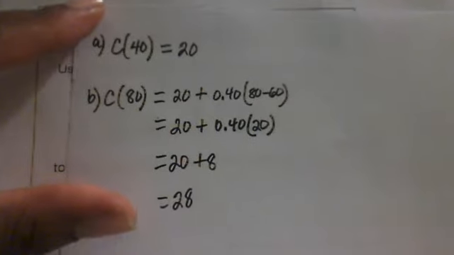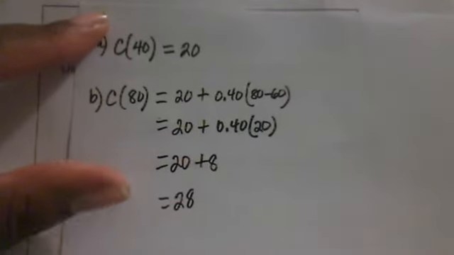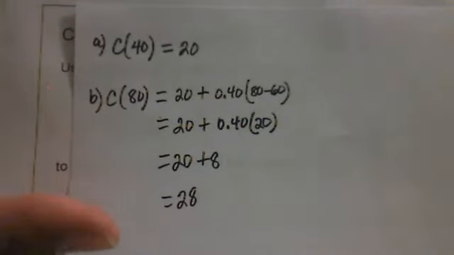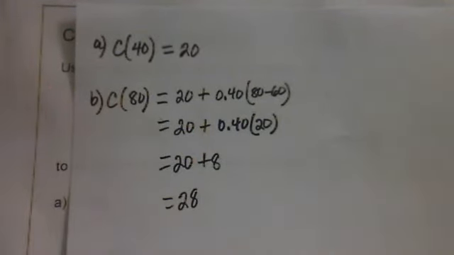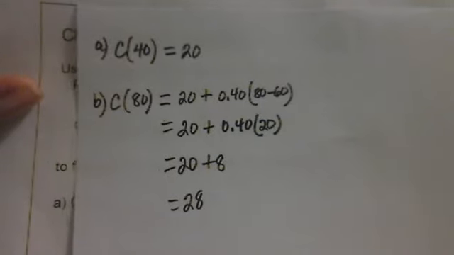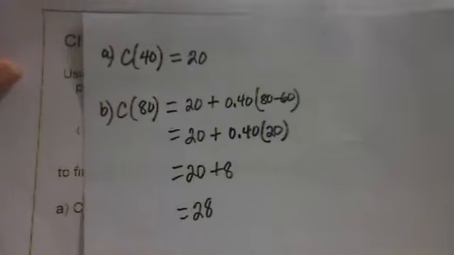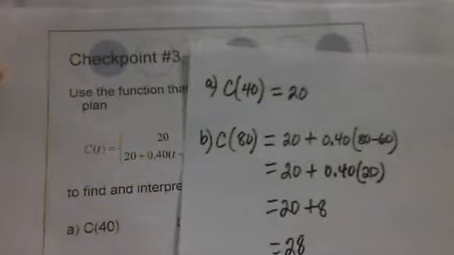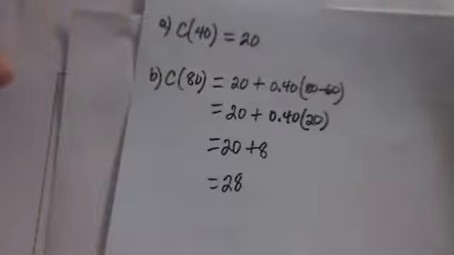So the cost for 80 minutes of time used on this cell phone plan would simply be $28. Okay, that's how we use a piecewise function to evaluate certain expressions. That's just one application there.